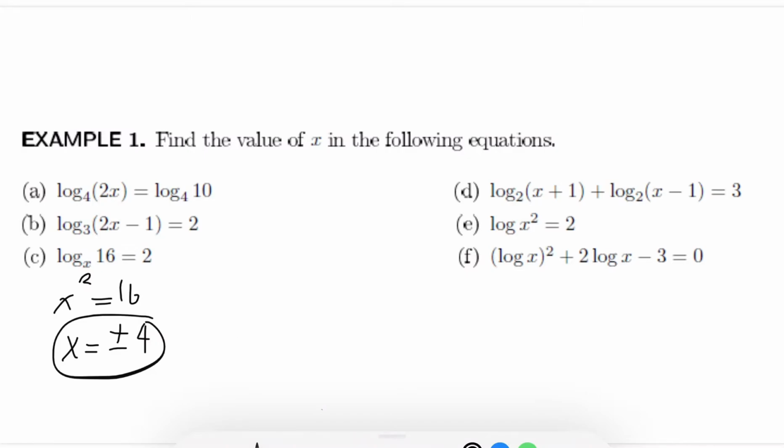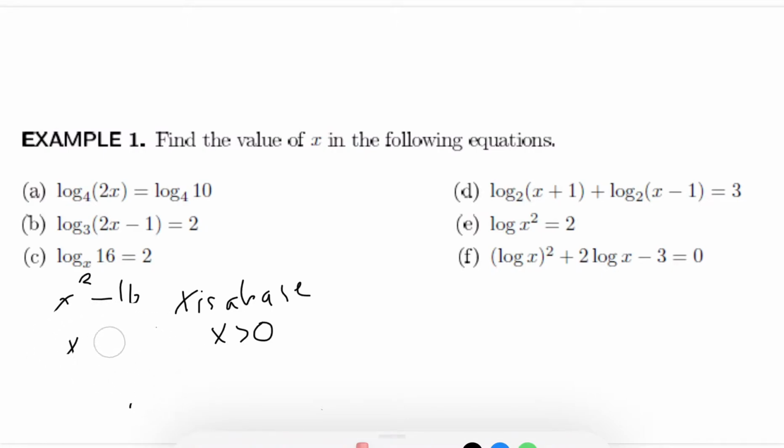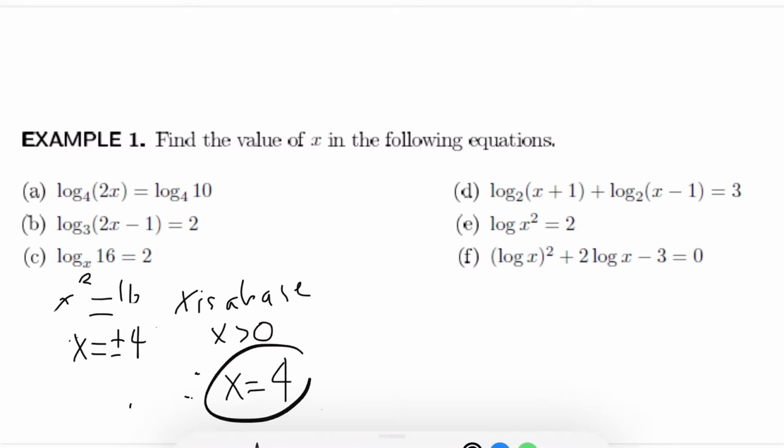Take note, x is a base, and therefore x must be positive. So what must be our solution? I will write this, x equals plus and minus 4. Our solution is only x equals positive 4, since we cannot have a negative base.